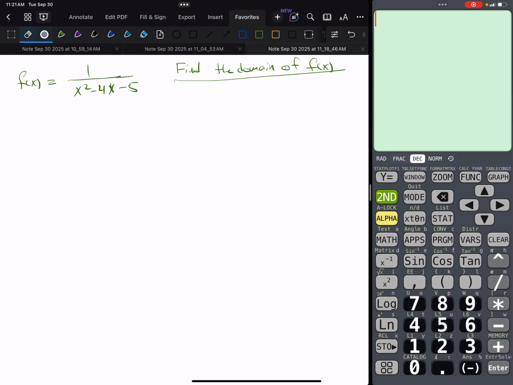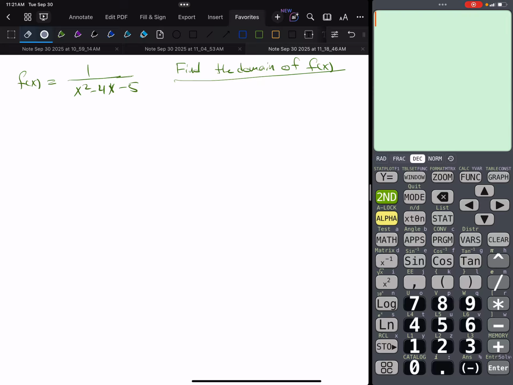Don't care what the numerator is unless it lets me simplify this, which doesn't change the domain restriction. It does change the way the function behaves. So for this problem, it actually wouldn't change anything, even if the numerator let me cancel a zero out, let me remove a discontinuity. That would just make it a removable discontinuity instead of a non-removable discontinuity. There are different types of discontinuities, but we'll get into that later.